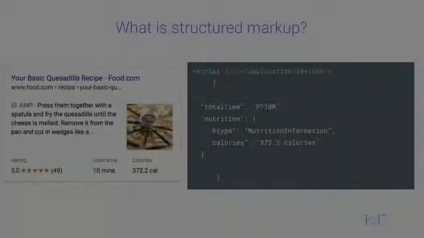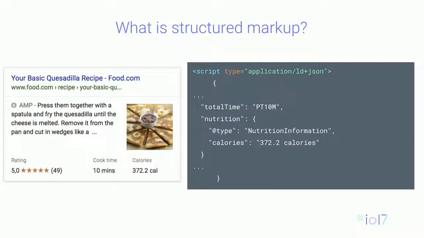And then finally, you have here the total time, the cooking time, the 10 minutes, as well as the number of calories, and this is how they're specified. So the lesson learned here is that each specific markup type, in this case a recipe, is going to have its own specification, and you can see how they translate into the elements of the card.